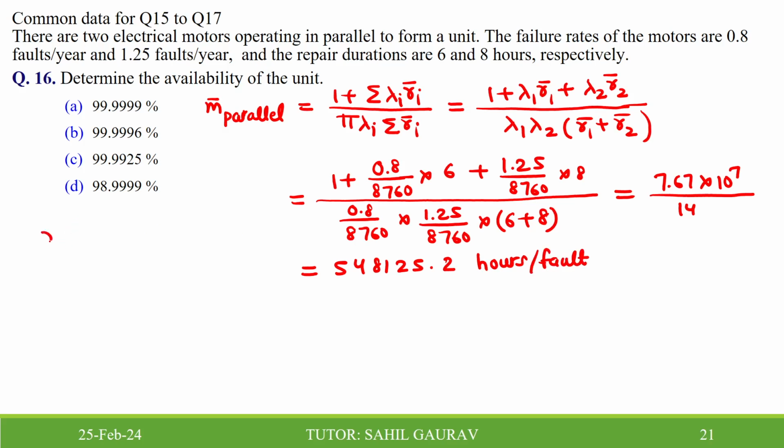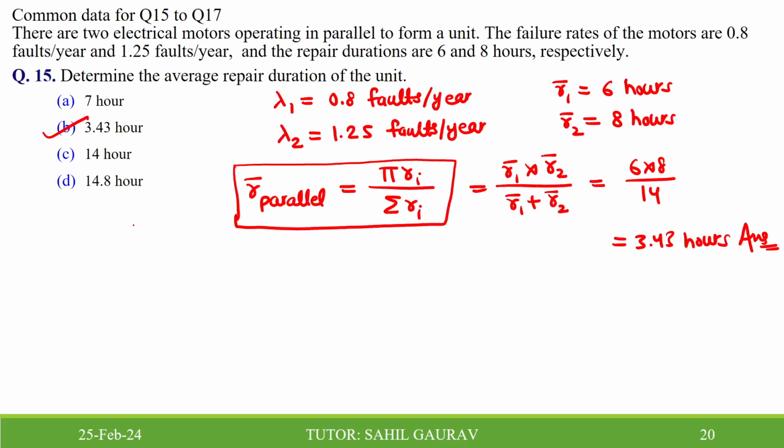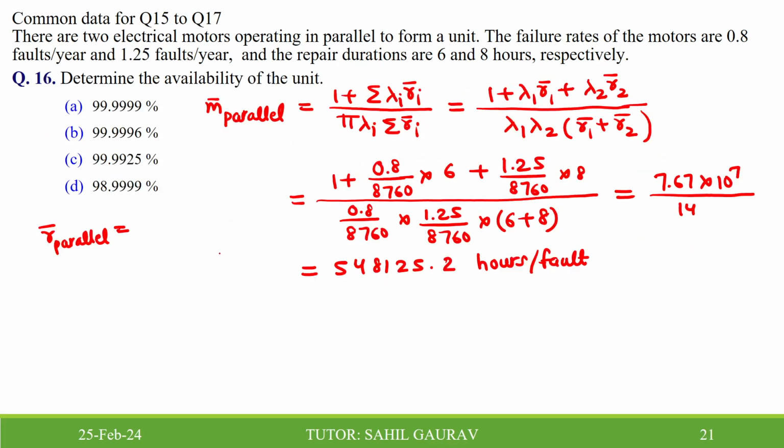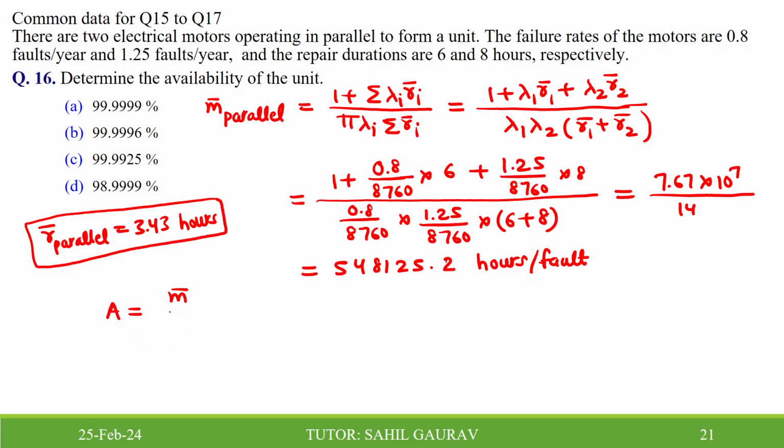That is M bar parallel, and we already found R bar parallel, which is 3.43 hours. Now we know that availability is mean time to failure divided by total cycle time, that is R bar plus M bar.